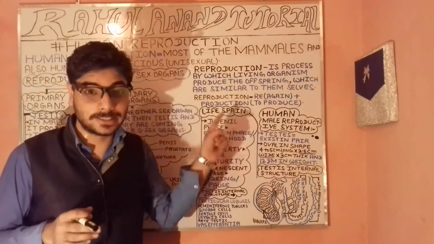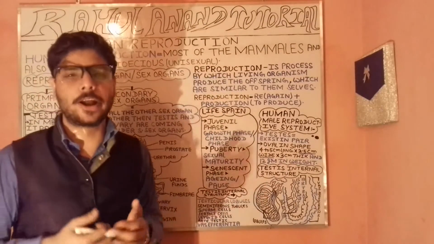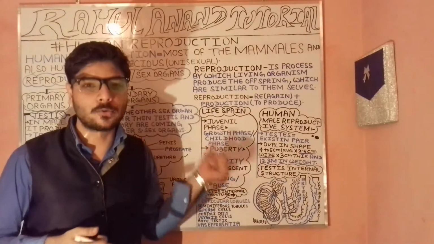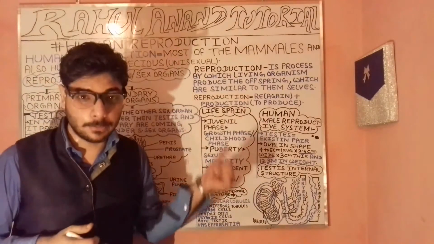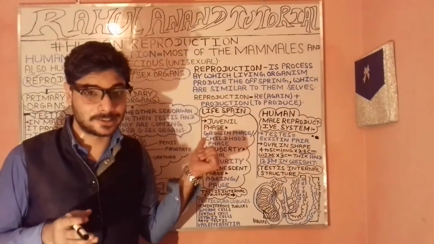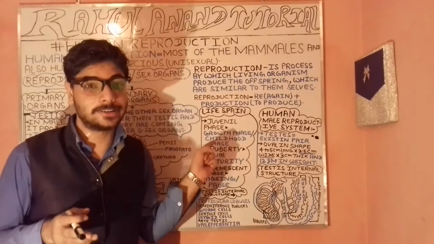Thus, this is the condition when we talk about human reproduction, in which we have dealt with the sex organs and the reproductive organs. They are divided into broad categories such as the primary sex organs and the secondary sex organs.